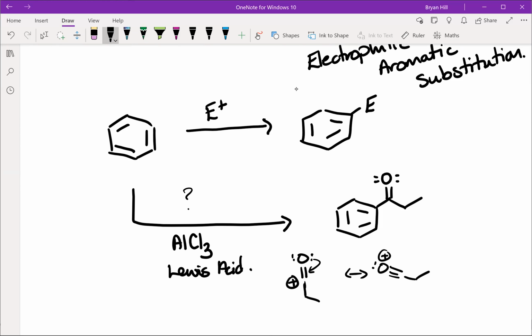Do we remember what that reagent was that could generate this type of species? We haven't seen this functional group yet. And the other thing which would form in the course of this reaction is this.